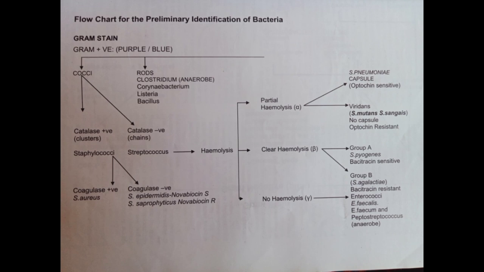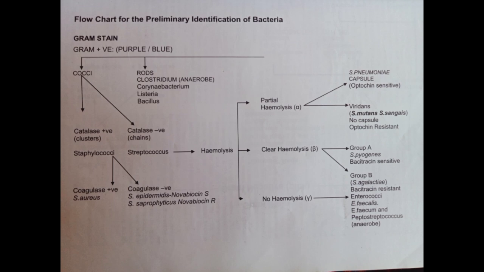Gram-positive bacteria are further divided into two on the basis of their shape. First is gram-positive cocci, and the second one is gram-positive rod or bacilli. The gram-positive cocci are round in shape, while gram-positive rods, also called bacillus, are rod shaped.